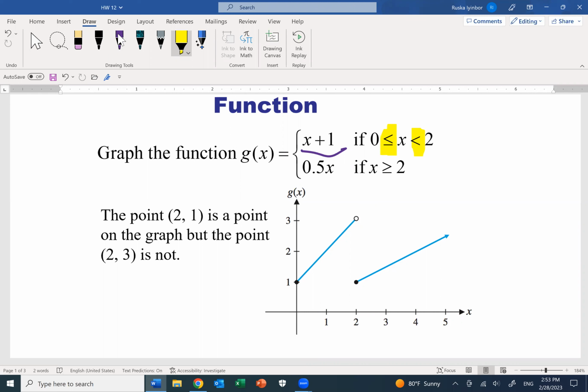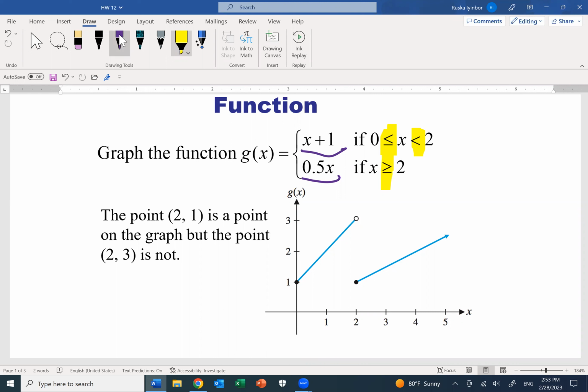The second piece of this function is 0.5x, and this is the case when x is greater or equal to 2. You have to pay attention to those greater or less or equal signs, whether you have equal or not. And graphing that is really easy.